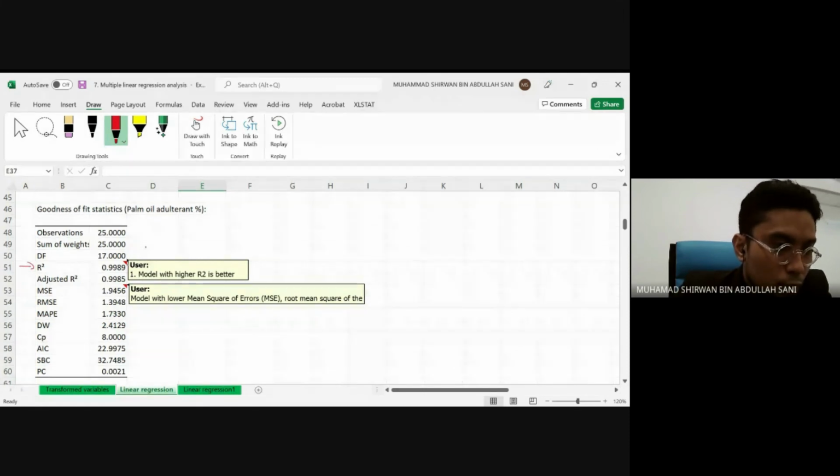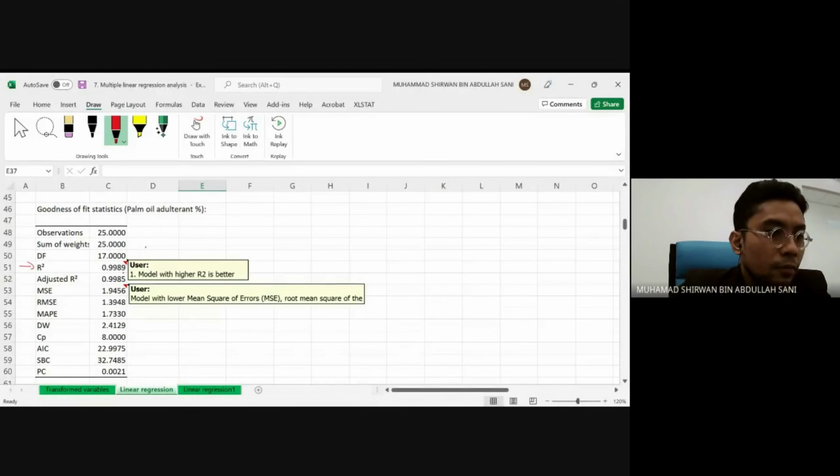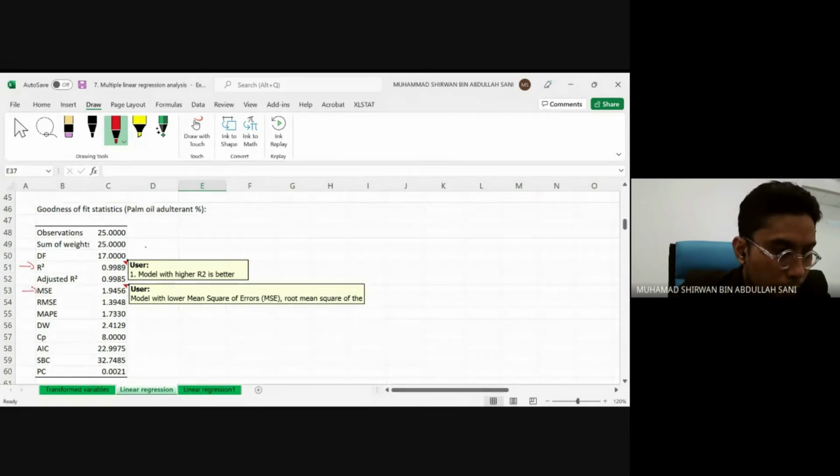Now we have 0.9989. We know the nearer it is to 1, the better the model. And then we can check MSE and RMSE. The errors are 1.94 and 1.39. So the lower the mean square error and root mean square error, the better.